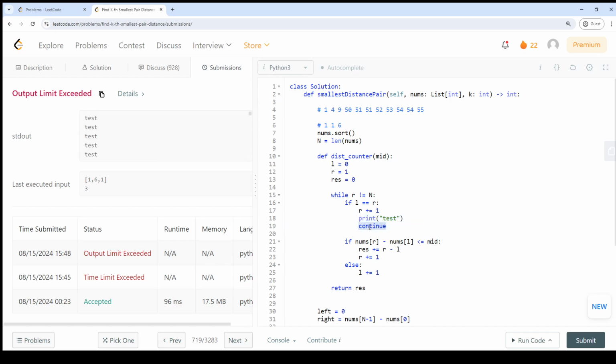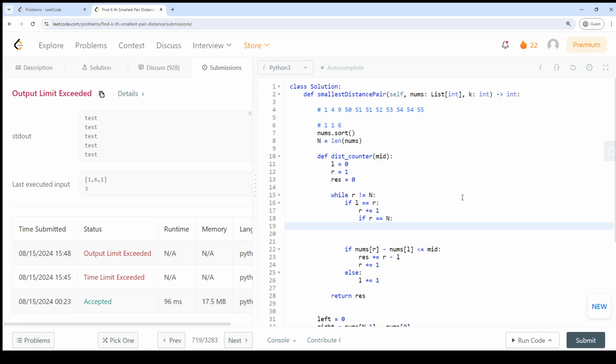Yes, I must not continue. I can do if r is equal to n, return res.